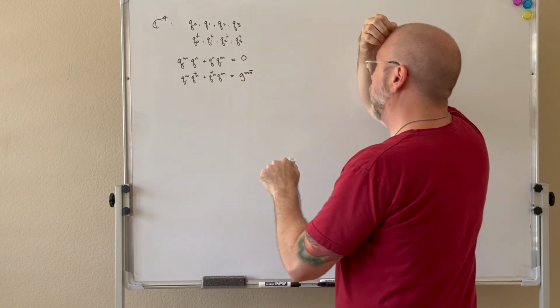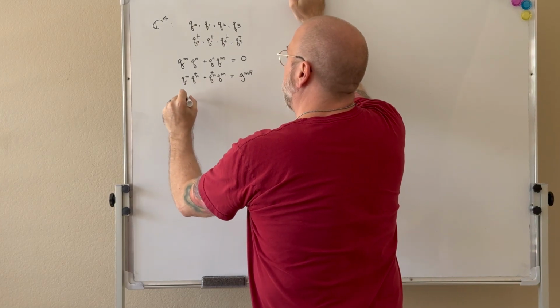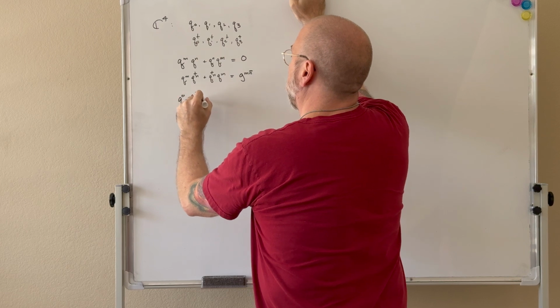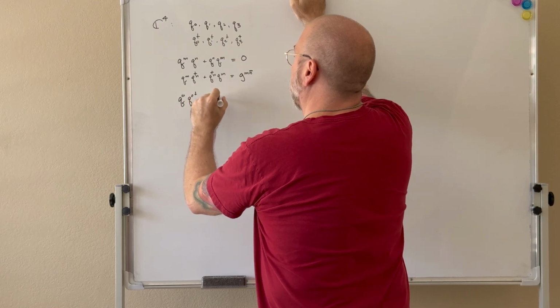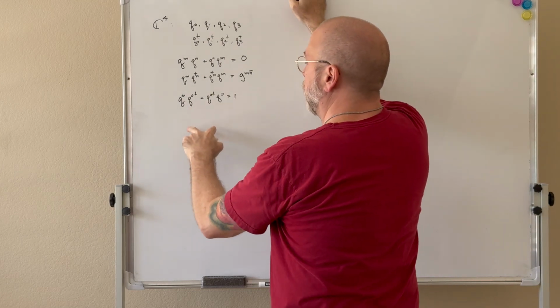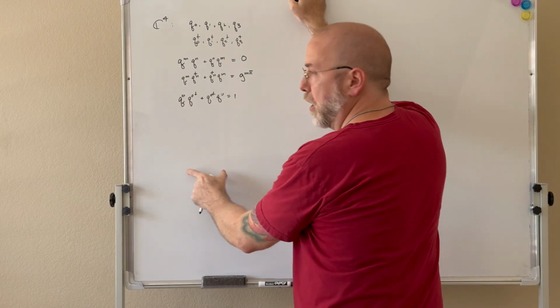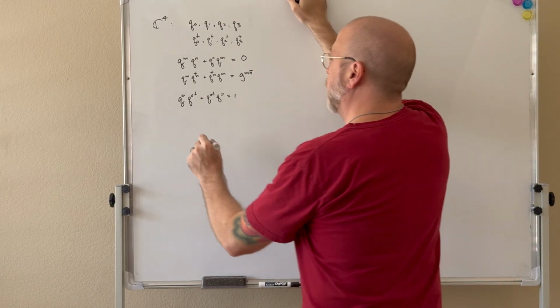This is 1 in the case when this is even. So what that means for our space, Q0, Q0 dagger plus Q0 dagger, Q0 is 1. And that's true for 0, 1, 2, and 3. Okay, so if I take this construction and multiply them all by each other, I get 1.